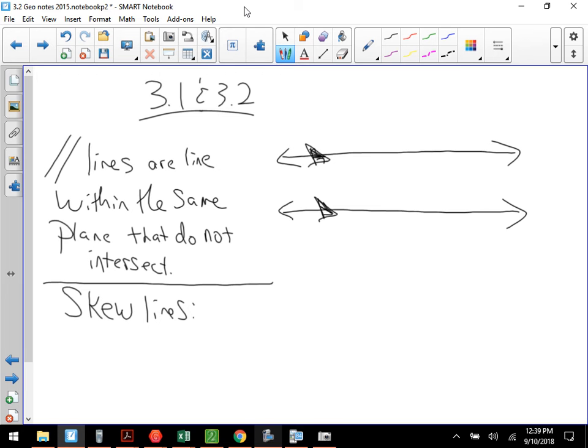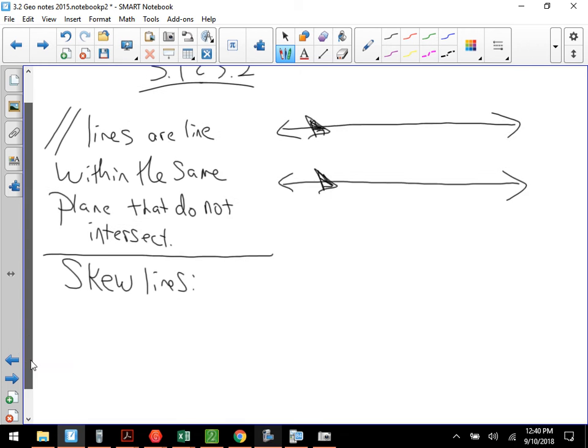It's going east and west. This blue stripe on the floor goes north-south. Barring the idea that the ceiling falls in and hits the ground, will those two lines ever intersect? No, those lines will never intersect. They're never going to intersect, but they're not parallel because they're not within the same plane. They're called skew, right?